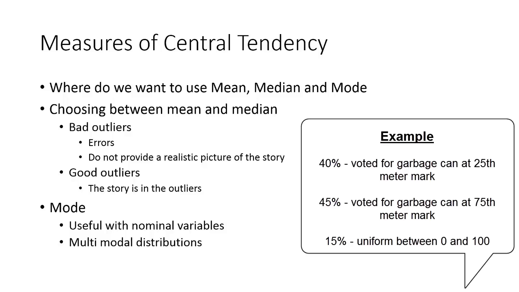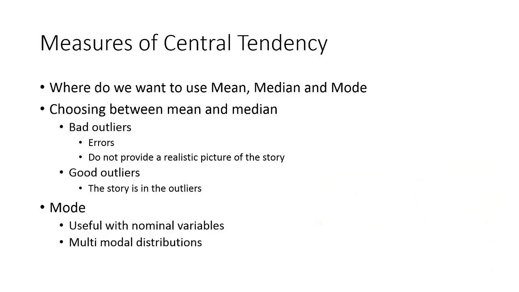Whereas something like a mode would just categorically say keep it in the 75th meter because that's the most populous preference. So in cases where taking two extremes and averaging them out, and in some sense median also does that as long as there are enough data points, does not work. And in those cases, the mode could be a fairly useful application.